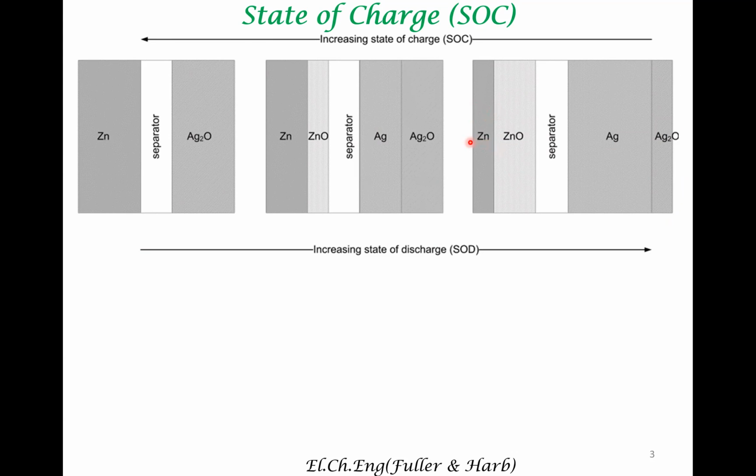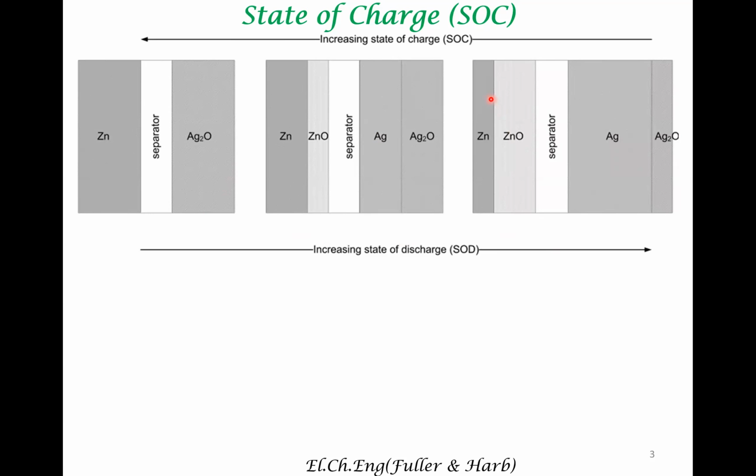If I start with a particular volume, let's say I consider this as zinc, and the separator, even if it's a liquid electrolyte, is an incompressible component here. And this is also a solid, incompressible as a first approximation. The overall volume of these three components would change as the battery gets discharged.